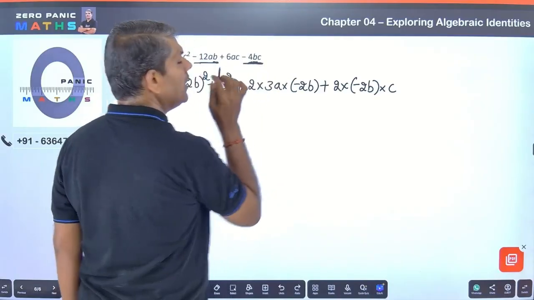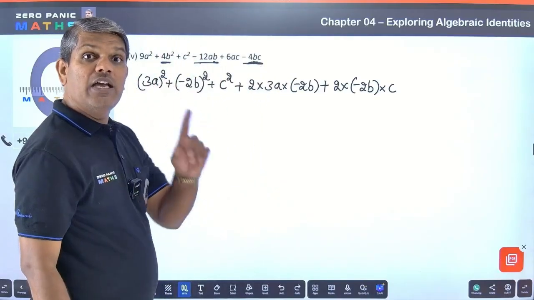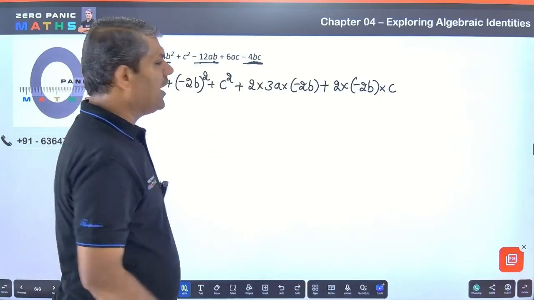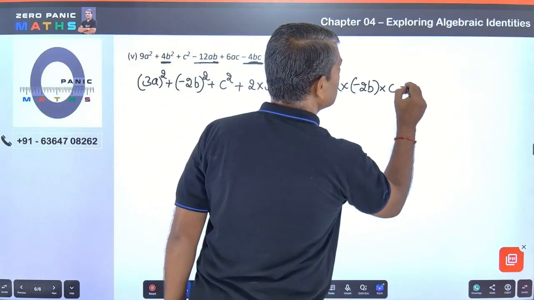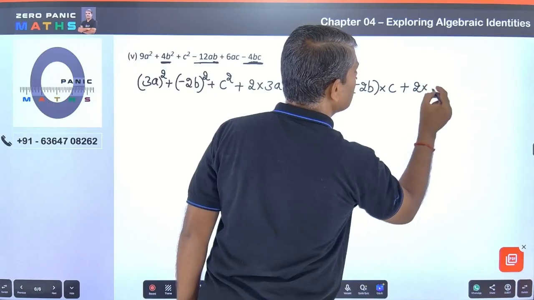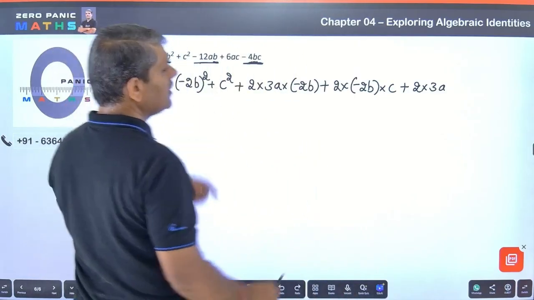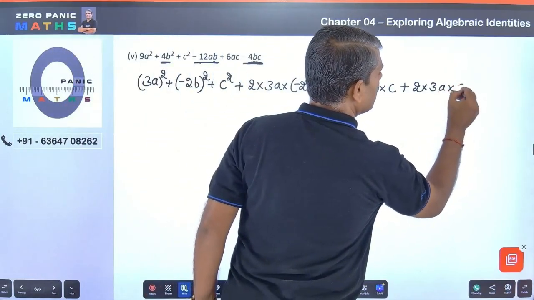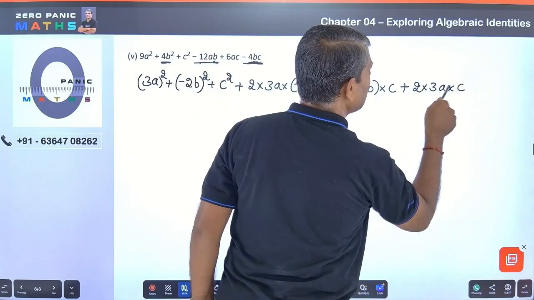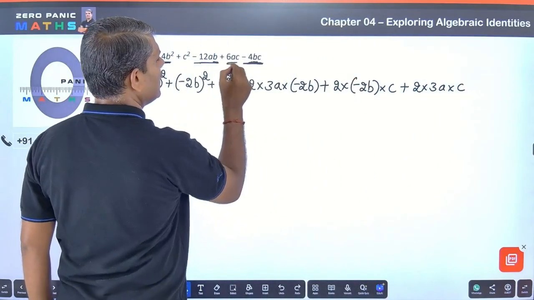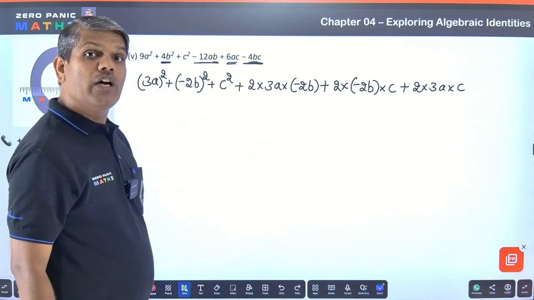This is the term which coincides with plus 2bc. And finally plus 2ca, or ac. a is 3a and c is c. See that 2 3s are 6, a into c, that is 6ac. So this is my 2ac term.